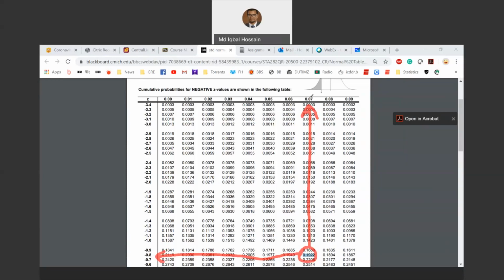So Z1 would be negative 0.87. This 7 is coming from here, and this 8 is coming from here. If you look clearly, it will be higher here. That's why Z1 is negative 0.87, right? So let's go back to the slide now.